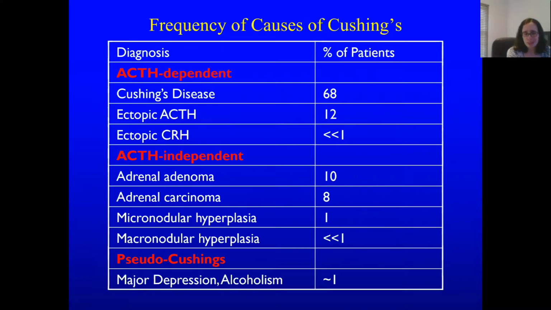Ectopic CRH production is very rare. For ACTH independent or adrenal causes, the benign adrenal adenoma is the most common cause, then adrenal cancer, micronodular and macronodular hyperplasia. And then there is pseudo-Cushing's in cases of major depression or alcoholism, where it can look like they have Cushing's, but they don't actually have Cushing's.